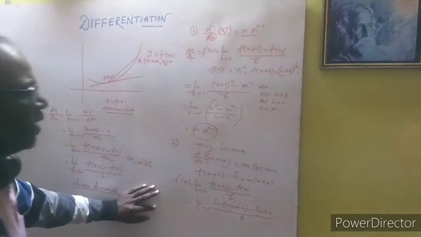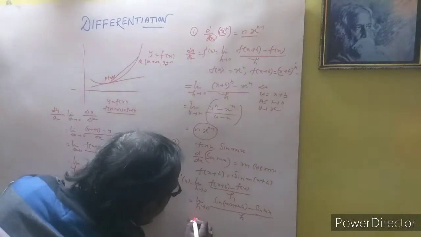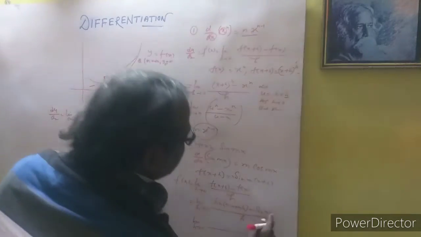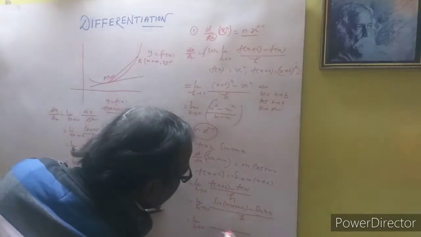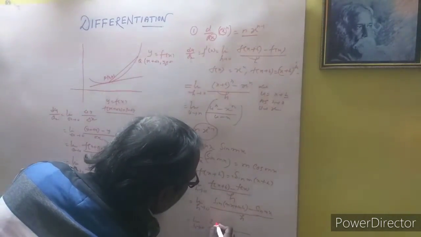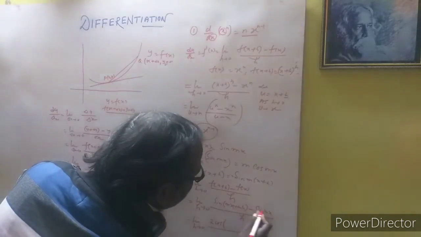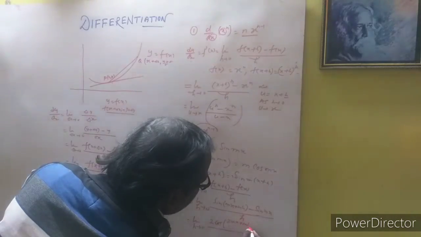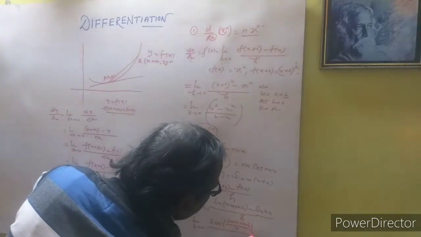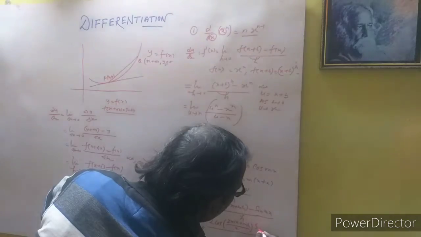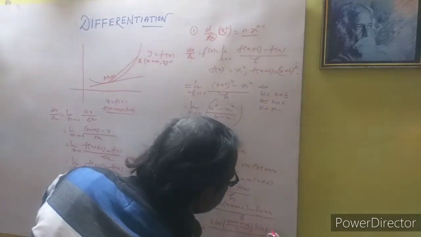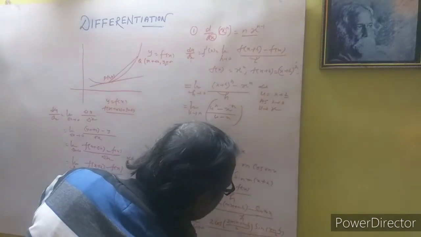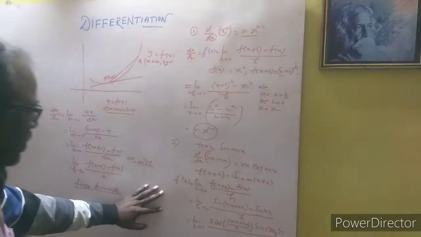We apply the trigonometric formula: sin C minus sin D equals 2 cos of (C plus D) by 2 into sin of (C minus D) by 2. So this is 2 cos of (2mx plus mh) by 2, into sin of mh by 2, by h.